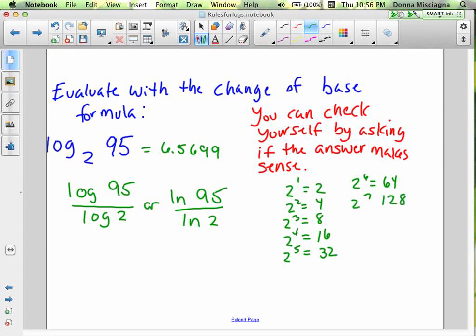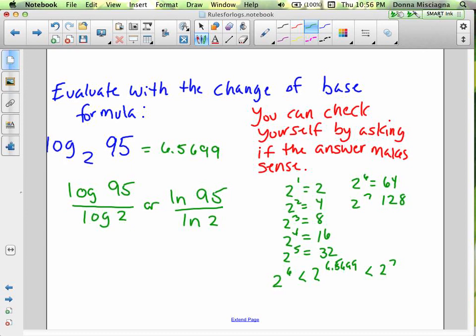So 2 to the 6 is less than 2 to the 6.5699, and that's less than 2 to the 7th.